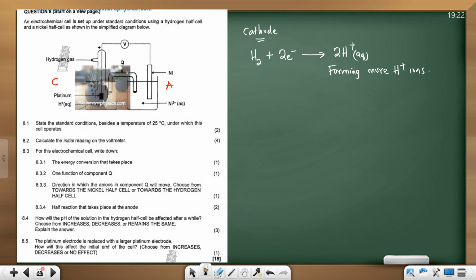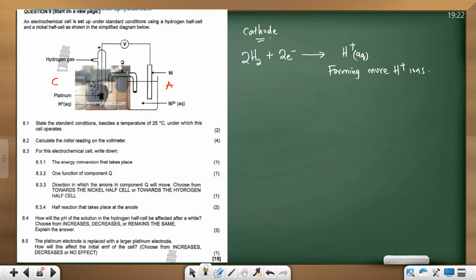And then the 2 must come out by the H plus. Are you sure? Don't confuse my soul here. 2H plus. No, it's H2 gas. Which one are you looking at?